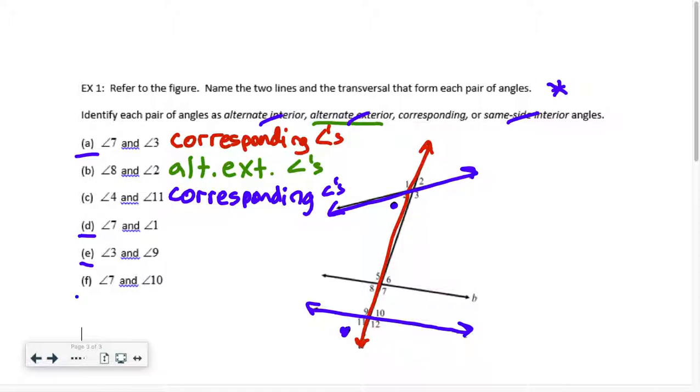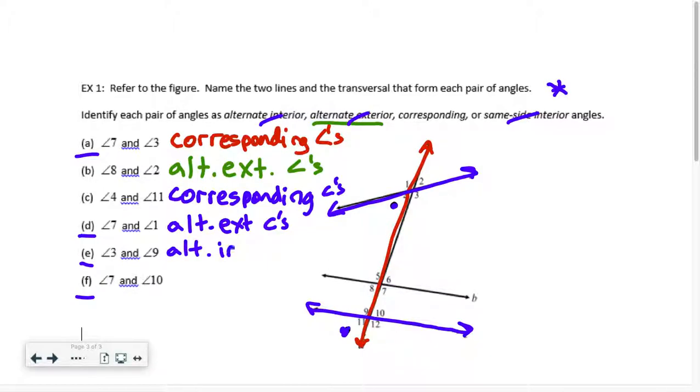And so you guys go ahead with 7 and 1, 3 and 9, 7 and 10. Compare those in the same way we've done. Okay, so pause, go ahead and do that. All right. So hopefully you've come up with 7 and 1 being alternate exterior angles. Both exterior, they're on opposite sides of the transversal. 3 and 9, you would have compared again line A and C. 3 and 9 are both interior, opposite sides of the transversal.